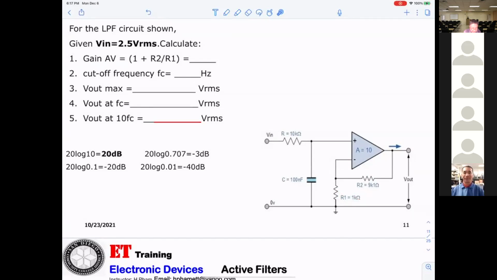Mr. Pham, I have a question. Go ahead. You know how the R2 is right here? What does 9K1 mean? Oh, that's a typo. Oh, okay, thanks.